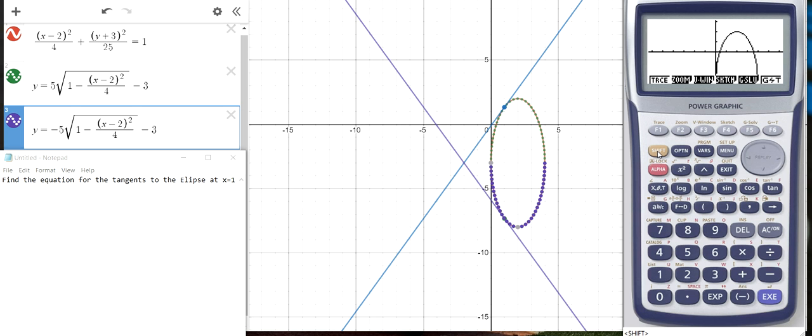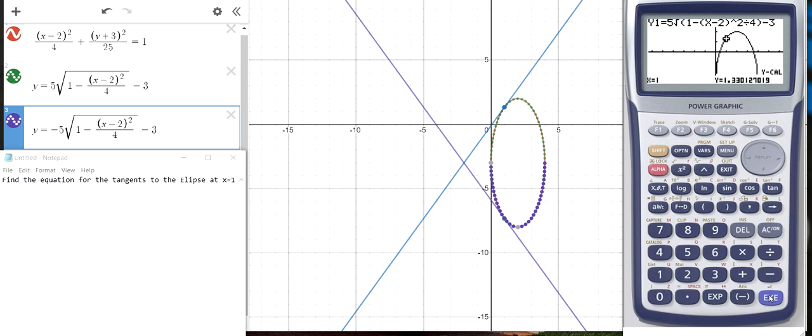All right, and now I can draw that and do Shift G-Solve, and I want to find the value of y when x is 1. That's my first concern. Because I'm being asked to find the tangent at x equals 1, I also want to find the y coordinate of that point.